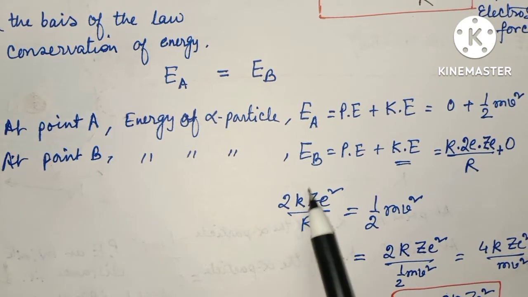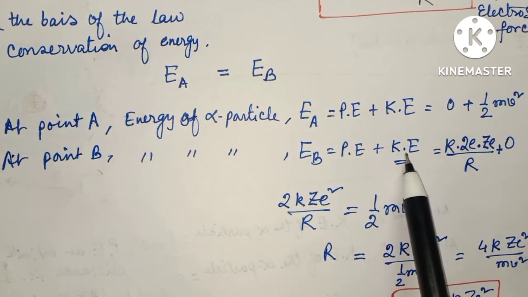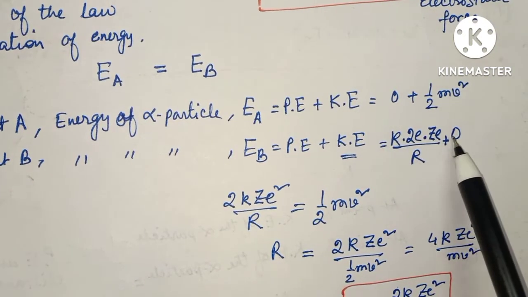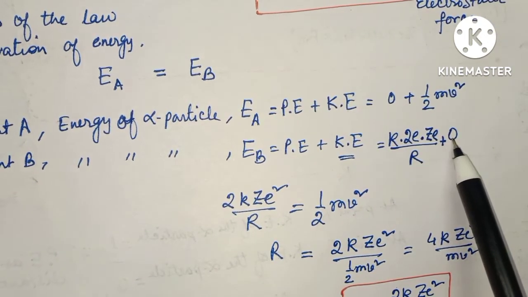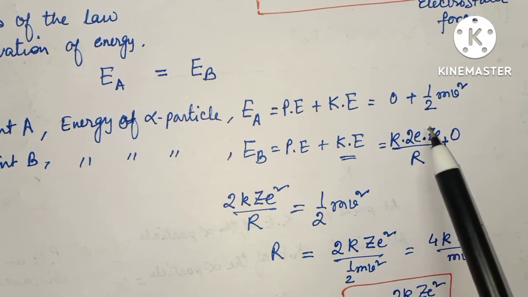E of B, the summation of potential energy plus kinetic energy, but kinetic energy will be 0 at point B. It has only potential energy.